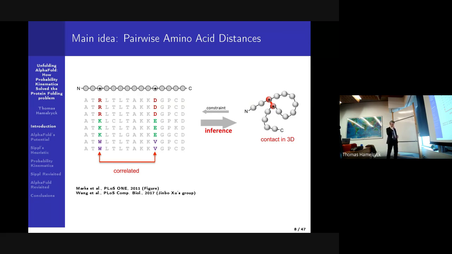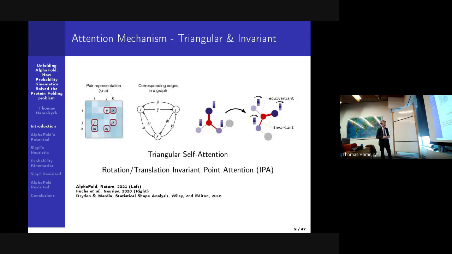This is a group in Chicago, the Toyota Institute. And in 2017, they also used neural networks to pick up these types of patterns. So that's essentially what these methods are doing. They are picking up which amino acids are close together, and they investigate these correlated mutations. First with statistical methods, now of course with neural networks.